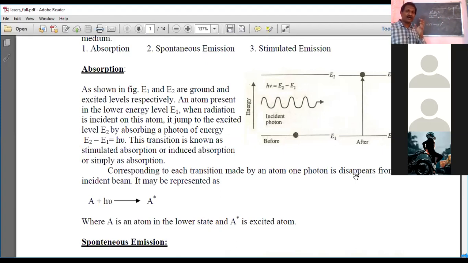It is absorbing the energy. Now it contains higher energy. That is what we should understand. Now this process of absorbing the energy from the photon and attaining higher energy states is known as absorption.